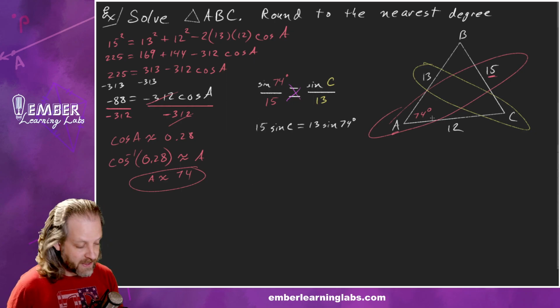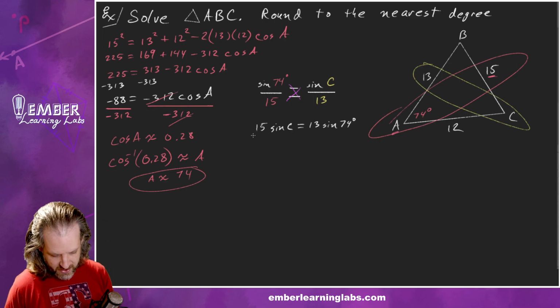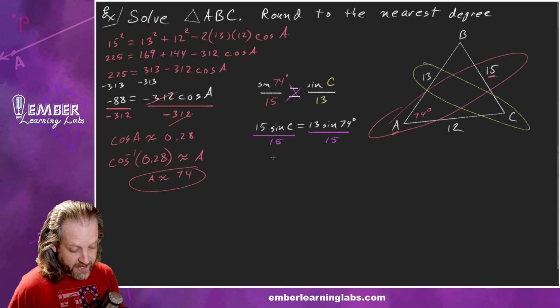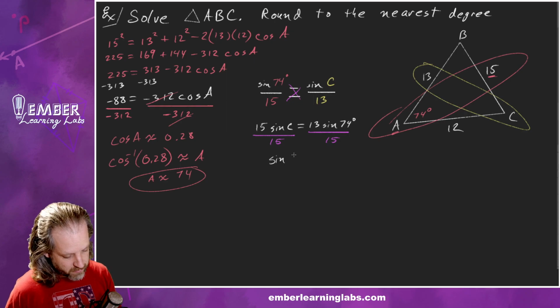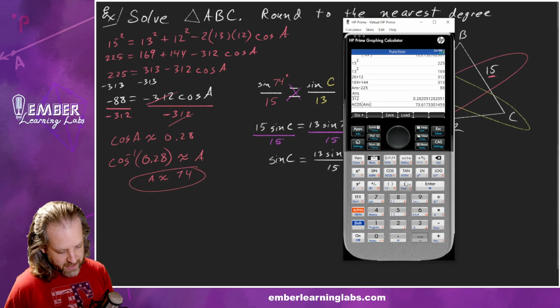We're going to divide both sides by 15. So the sine of C equals 13 times the sine of 74 degrees over 15.